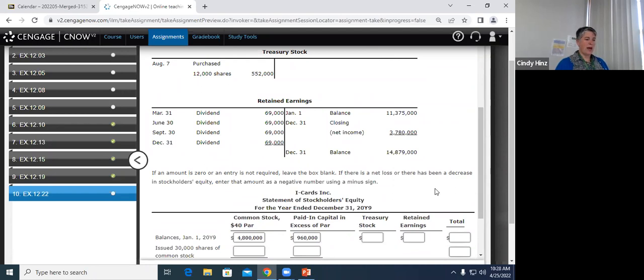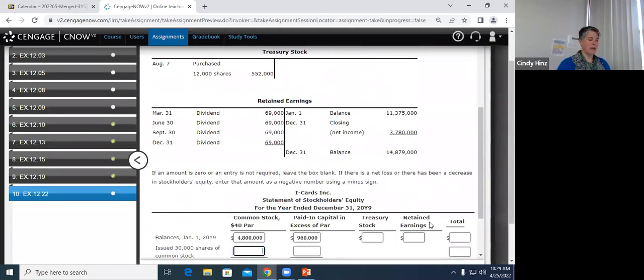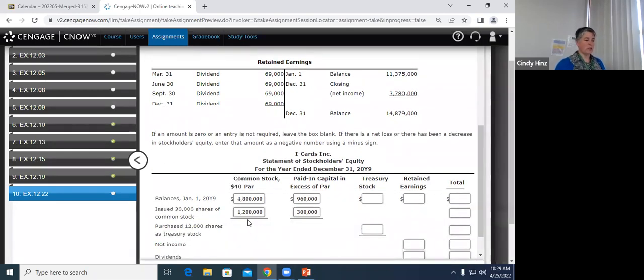And we know that on April 14th, we sold $1.5 million more in shares. We put the par value into the common stock account, $40 per share. And then we put the excess or the additional into the paid in capital in excess of par.